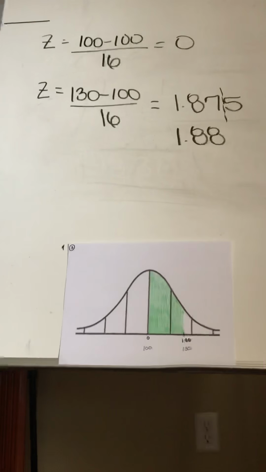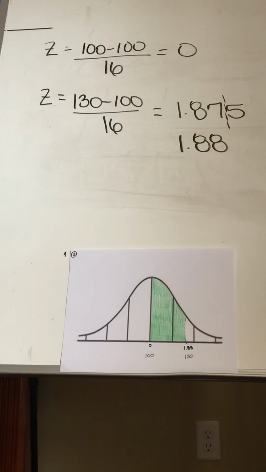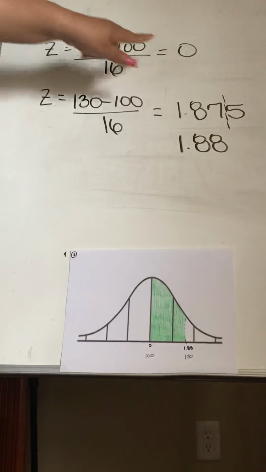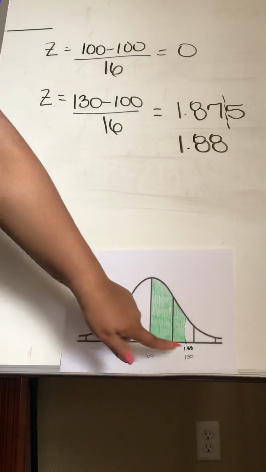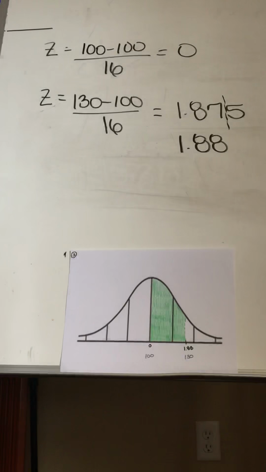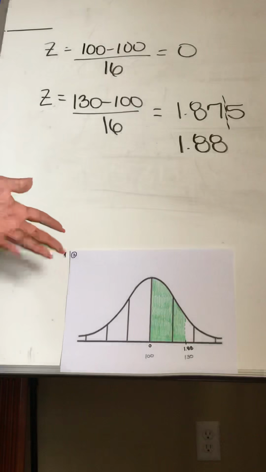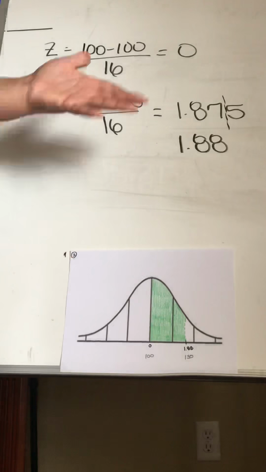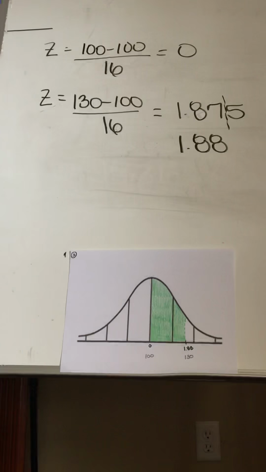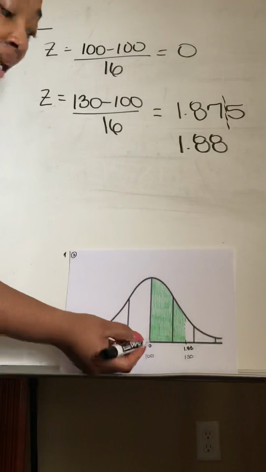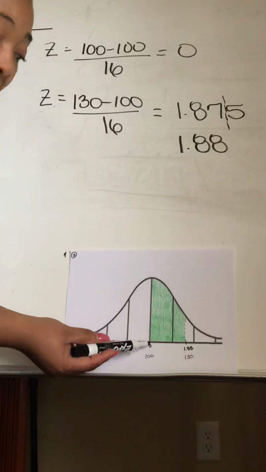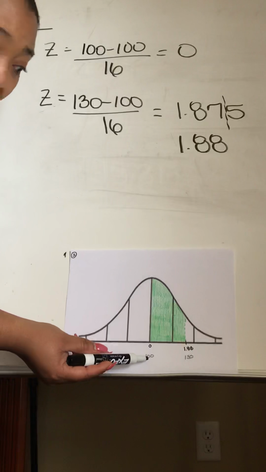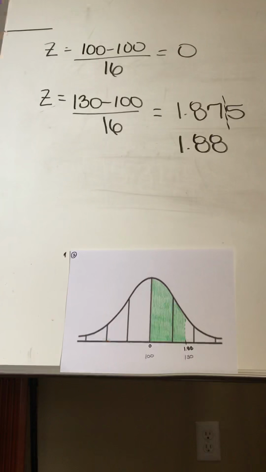Sorry about that. I'm asking you to go from 0 to 1.88, from the middle directly to a z. There's not a piece that you don't need that's shaded. You know this is directly on the table. This is a clean between mean and z shading. Your mean is 100. You're starting at 100. And I'm going to 1.88. So that's on your chart.